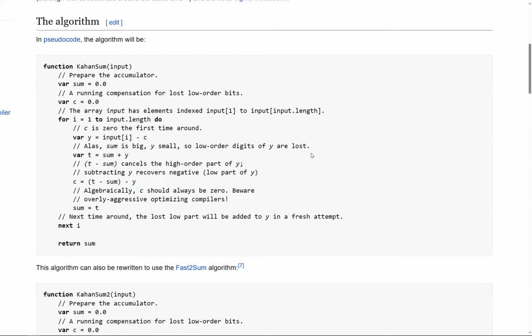The cost is actually four operations here to get the result for each number that you want to add.